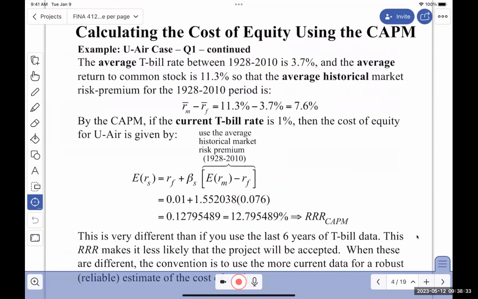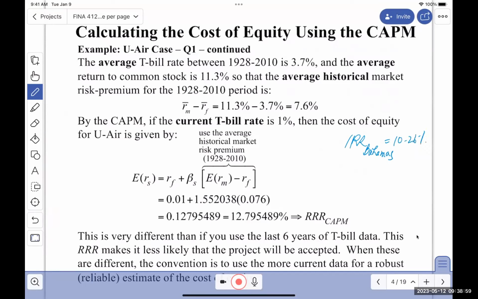What do I think about that? What will happen to the Bahamas project? There are a couple of numbers you have to remember. The IRR of Bahamas was 10.26.